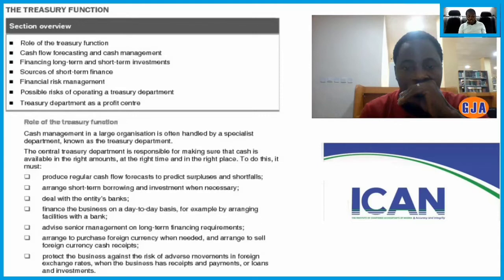A proper treasury function will regularly produce cash flow forecast to predict surplus or surpluses and deficits, that is shortfall. So shortfall invariably could be forecast ahead and surplus could be envisaged. It doesn't really matter.